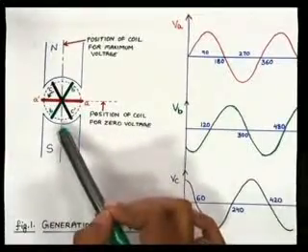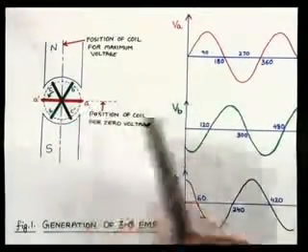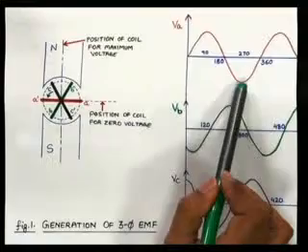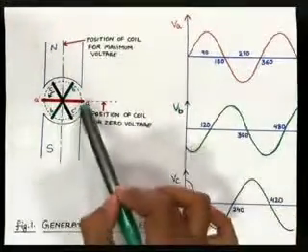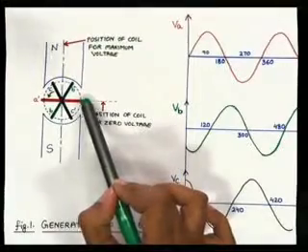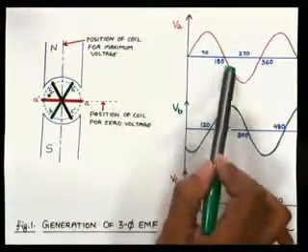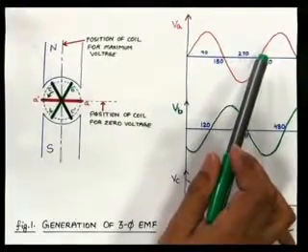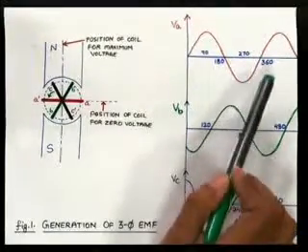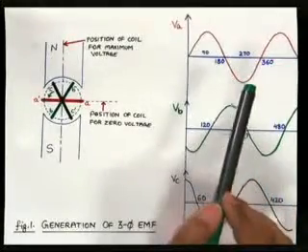Because it decreases, the value of EMF starts decreasing till it completes the rotation and comes to 360 degrees. So from 270 to 360 degrees, again a 90 degree rotation, the EMF induced in the coil reduces.